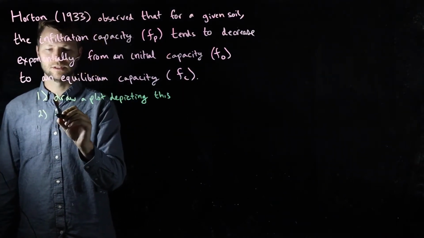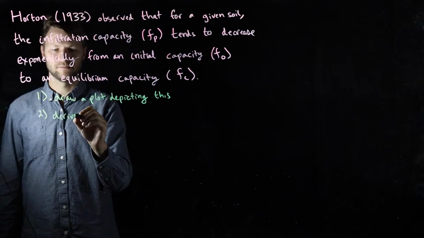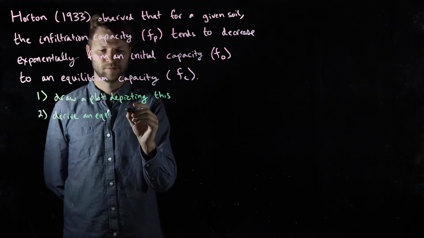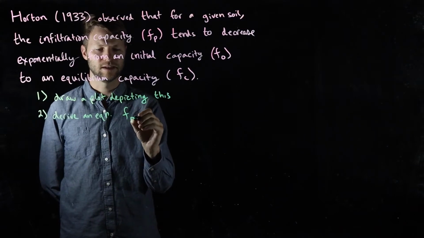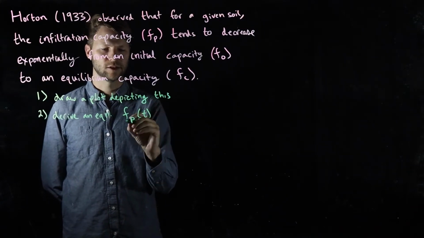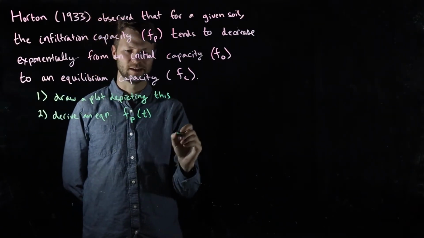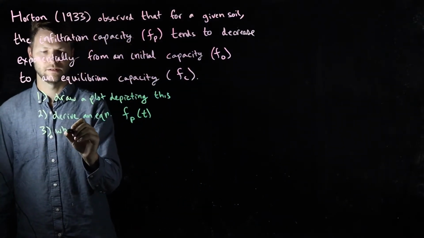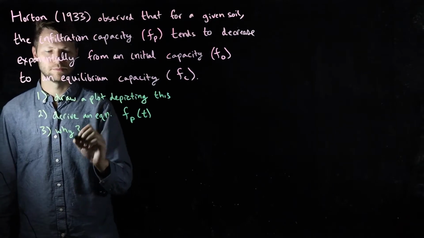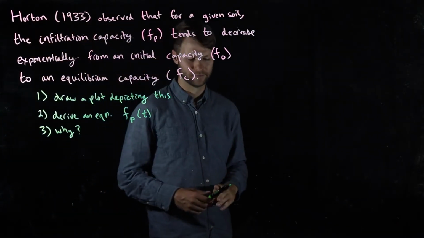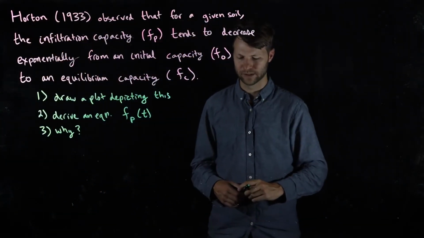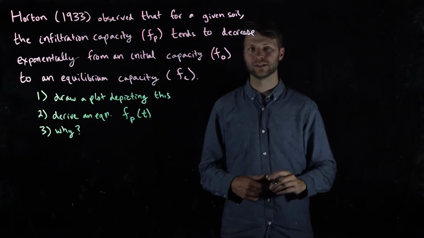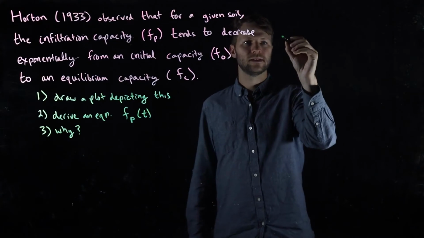Two, I want you to derive a simple equation in which F sub p as a function of time on the y-axis is plotted against time. And then three, I want you to think of some mechanisms or processes that might explain why this behavior actually happens the way it does. So pause the video and work on these. And when you're ready, we'll come back to do it.